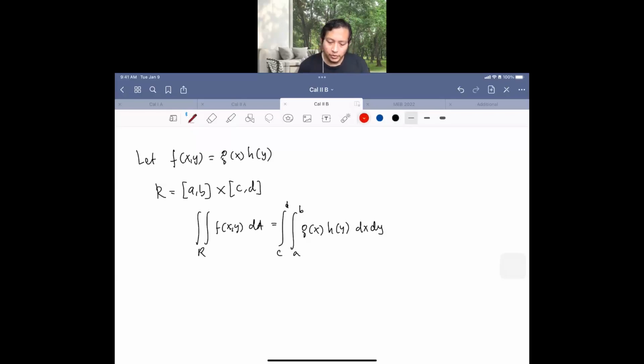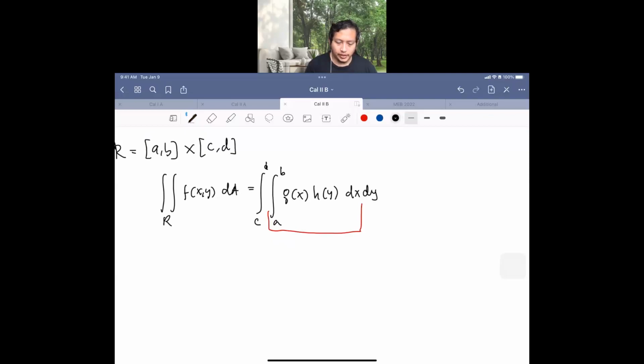Okay, let's start with this. First, we are looking at the inside integral, with respect to dx. We can write the integration from c to d, and we can treat h(y) as a constant, because we are just focused on dx.